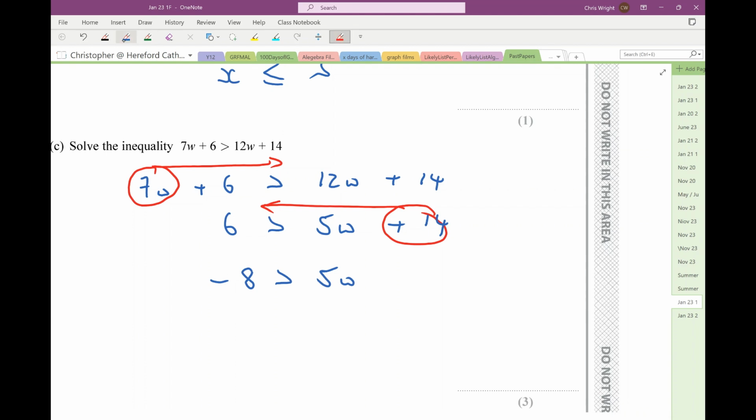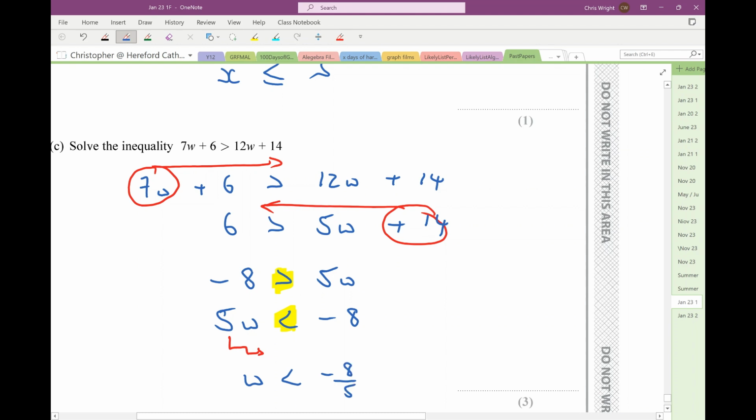Now, I'm going to write it the other way around now, but be careful. When you write it the other way around, if it's minus 8 is greater than 5w, it's going to be 5w is less than minus 8. Do you notice how this sign turns around? Now, I can divide down by the 5, which is going to give me w is less than minus 8 over 5.